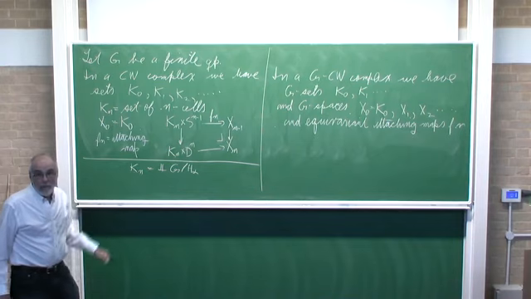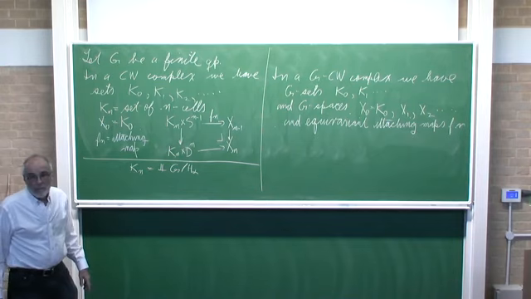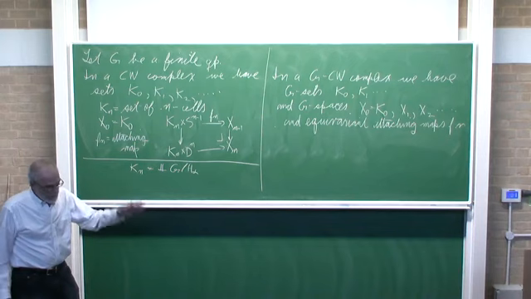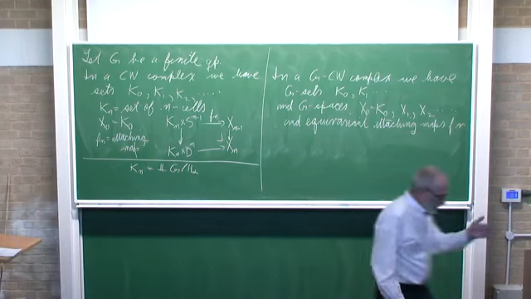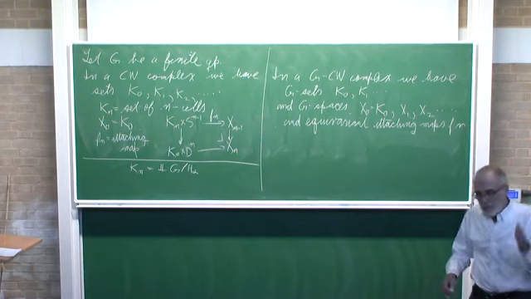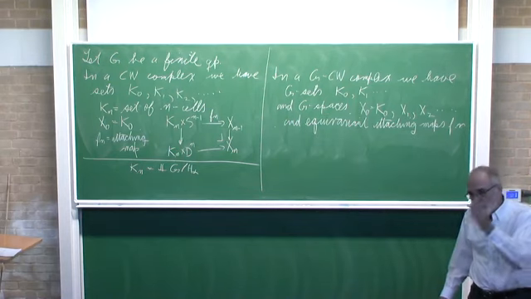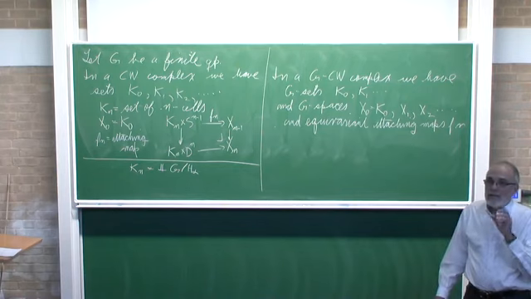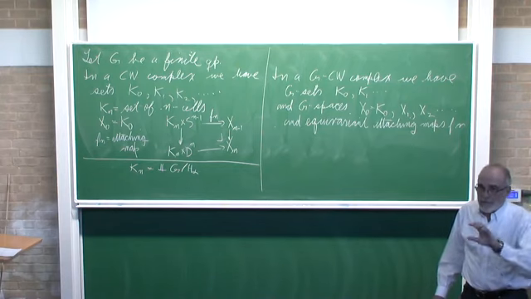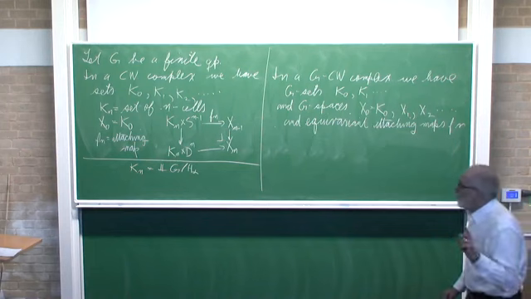But if you think about G-cells, then there's only one for each orbit. Yes, and so a G-cell, if you like, is a union of disks or something, and the action of the group permutes these disks within that orbit. It does not rotate individual disks. That's an important point.